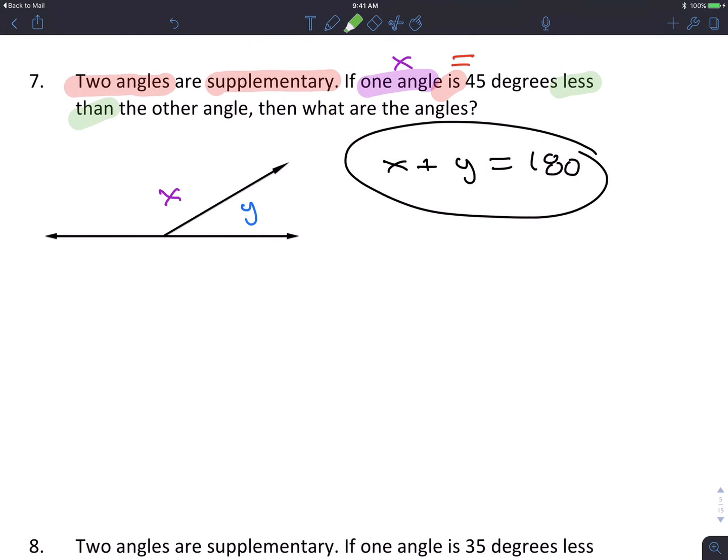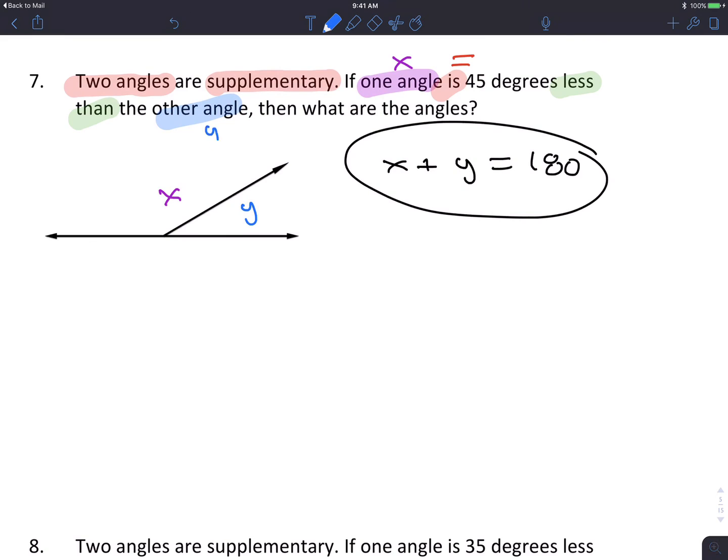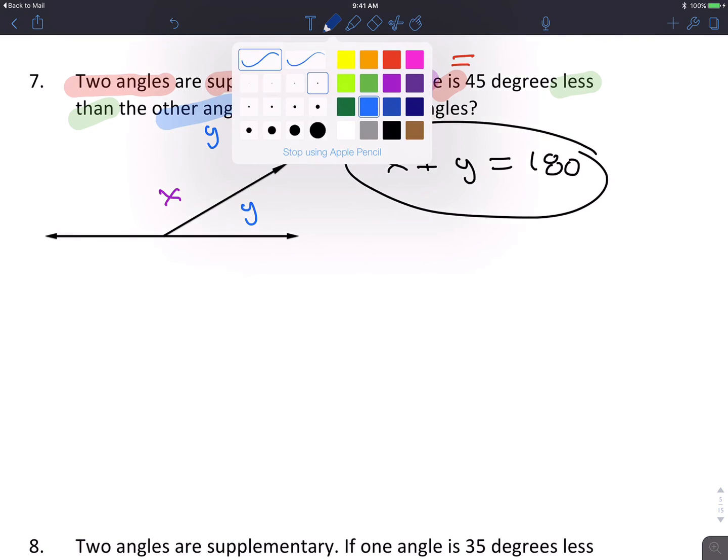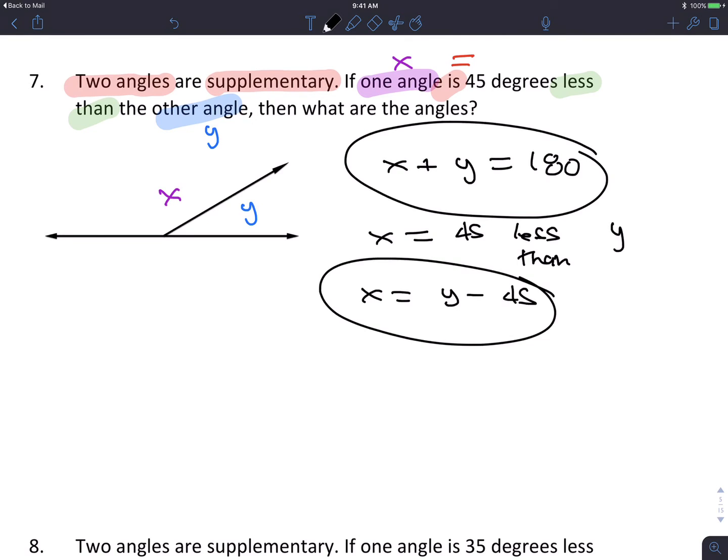The other angle we'll use being the y variable, which is in blue. So there we go. Let's put this together, and you know that x now will be 45 less than. We'll put this phrase for now again, but you know already less than is subtraction. x will be y minus 45.